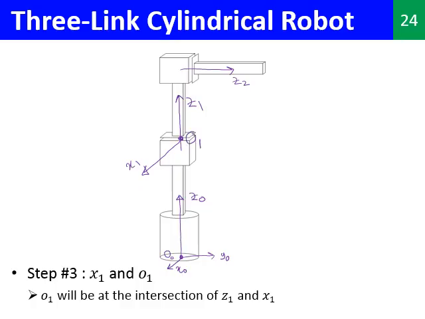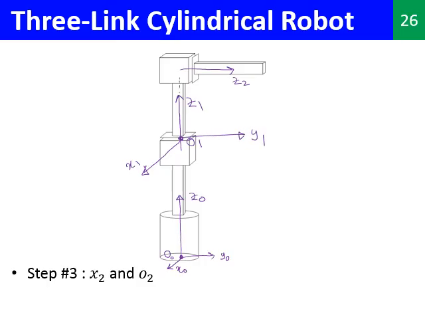Okay. Next, Y1 should form a right-handed set. Therefore, Y1 should be in this direction. Step 3 continues for X2 and O2. So out of the 3 cases, what we have here is the case where Z1 and Z2 intersect.